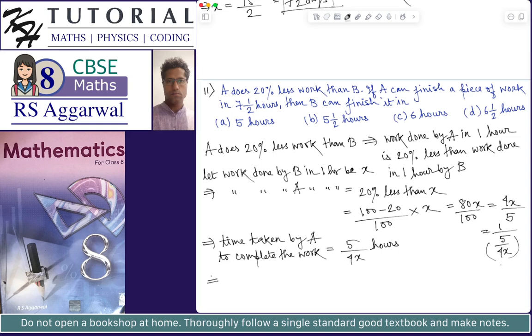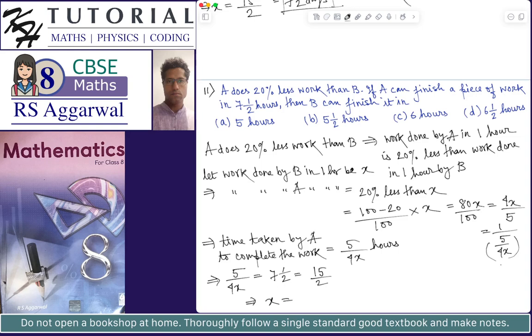It is given that A finishes the piece of work in 7.5 hours. So we must have 5 by 4X equal to 7.5, which is equal to 15 by 2. So this implies, what will be X?